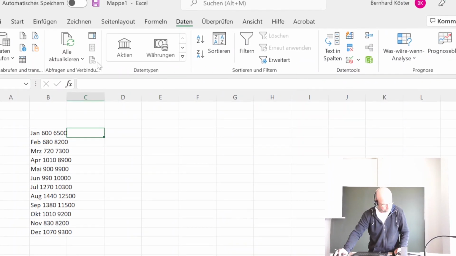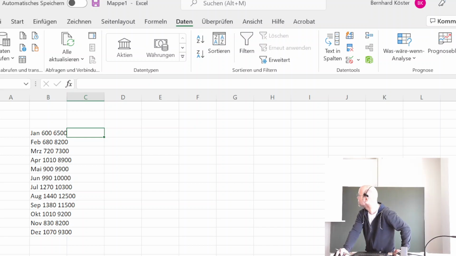So now you should see it. Where do I have my picture? Because I have to see this now so that you see it also. So, text to columns, data in columns. Here we are.